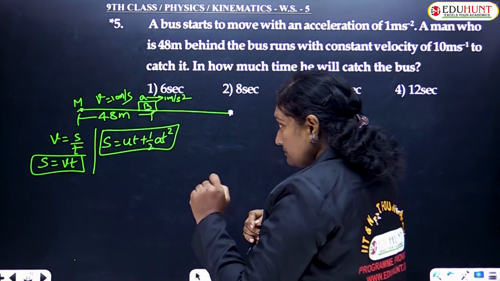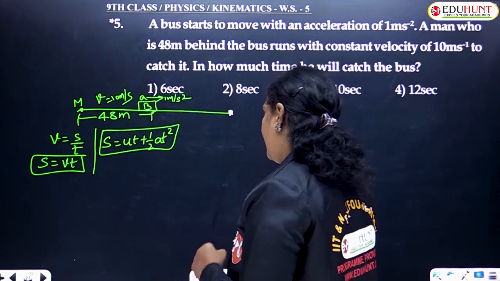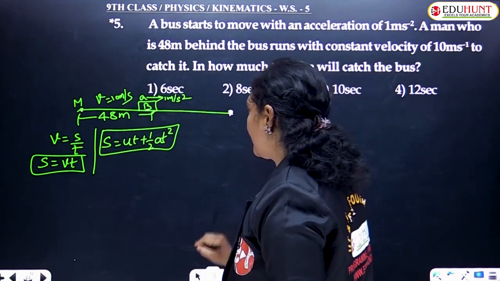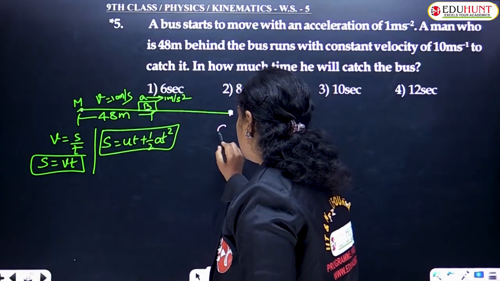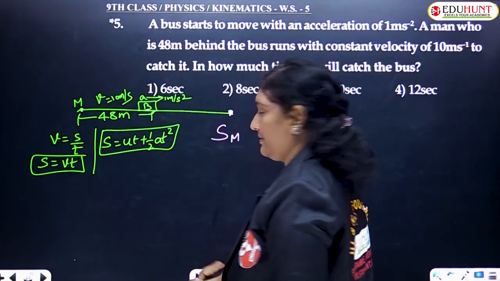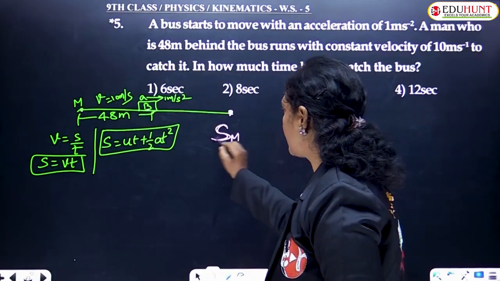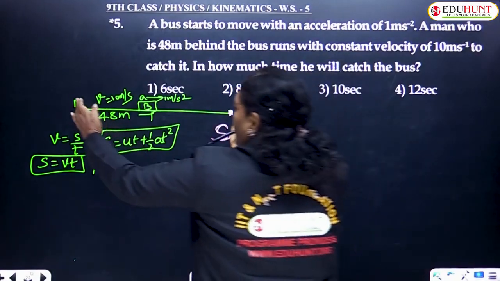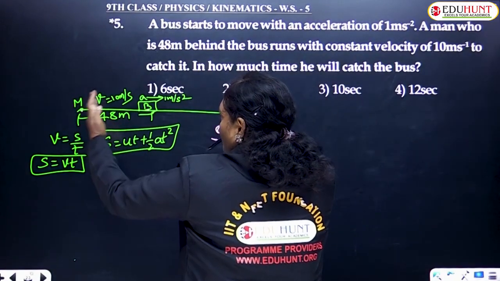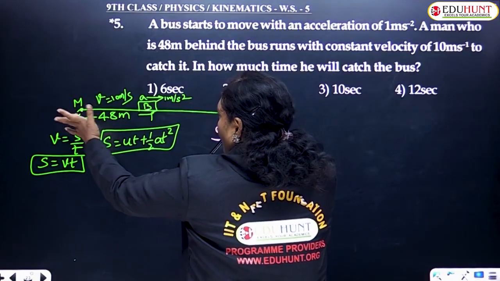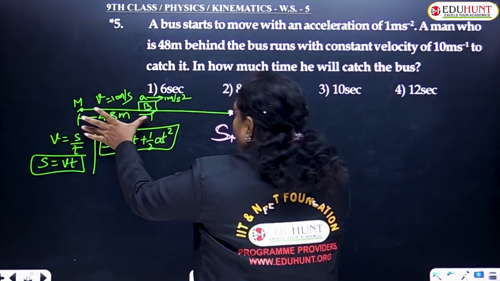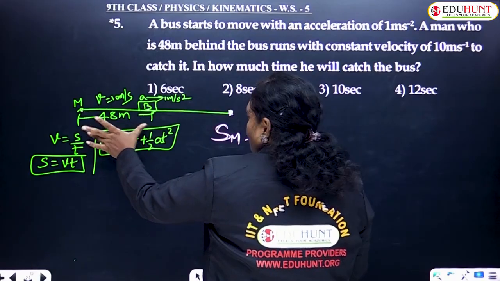Okay, children. So what we discuss here is we can conclude that the distance traveled by the man, from here to here, yes or no? Distance traveled by the man can be written as here to here. What is this length? 48 meters.